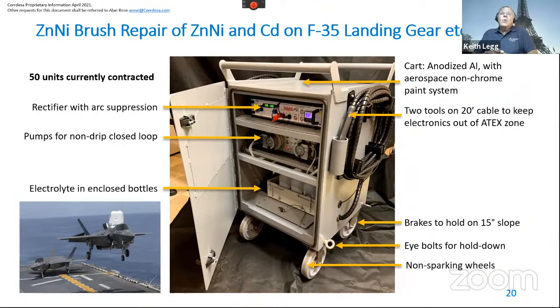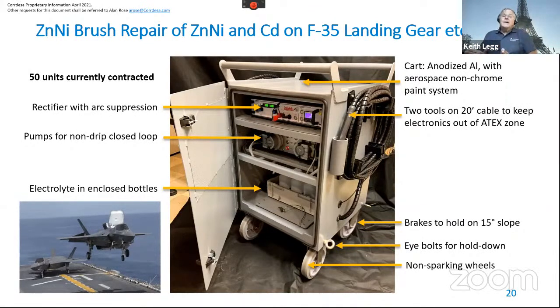And we need a way of repairing that zinc nickel that we just put down, that nice new coating. We need to be able to repair it. And especially on that left-hand picture, we need to repair it on planes that have landed on carriers that have got a huge amount of stress on them, and the wheels have to be changed every 10 landings, because after all, they change them on board.